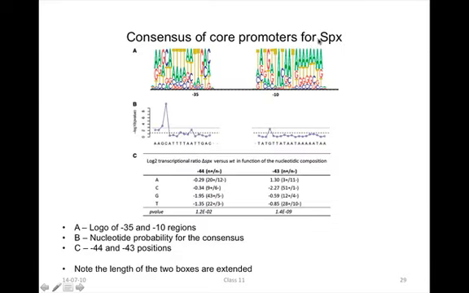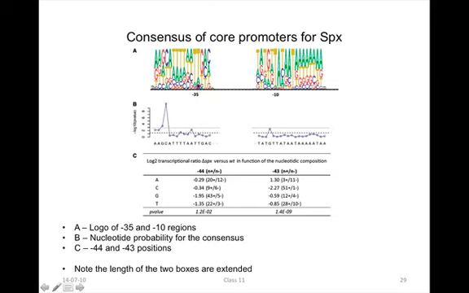So in this paper, what they did was they looked at the consensus sequence and they tried and figured out what the letters are for the consensus regions. And they figured that the -35 and -10 regions are extended for SPX regulated genes. And in fact, they've even worked it down to the -44 and -43 nucleotides.